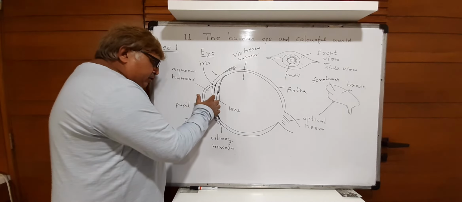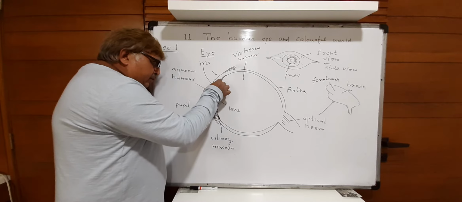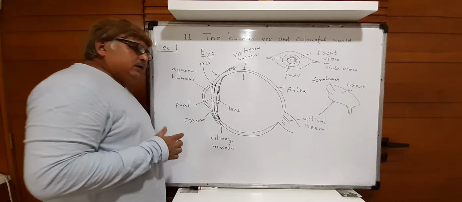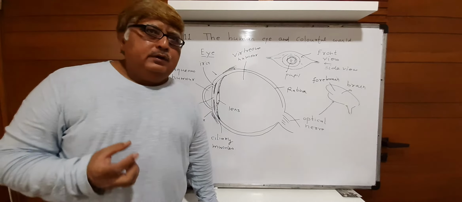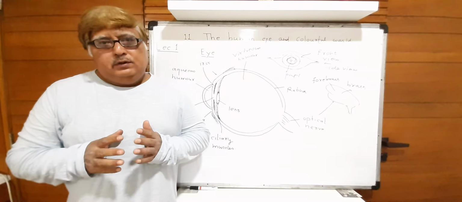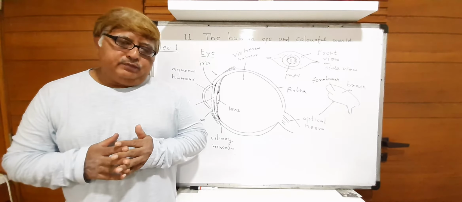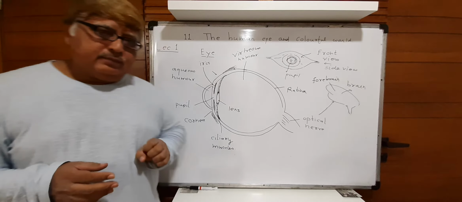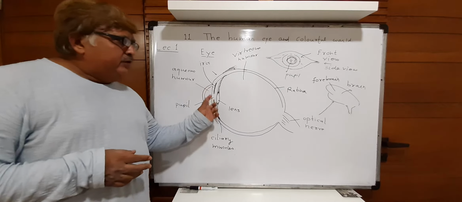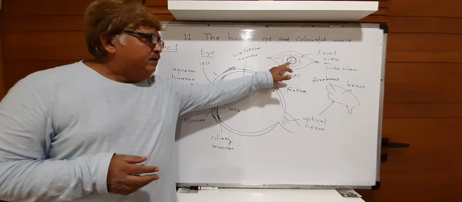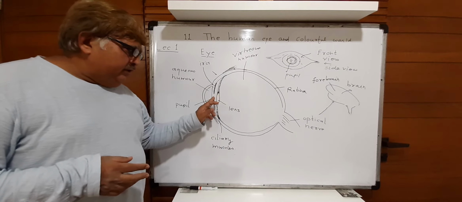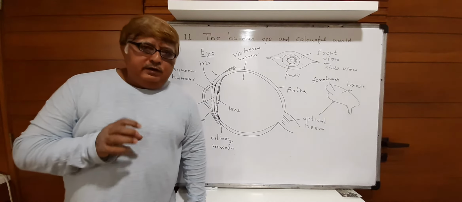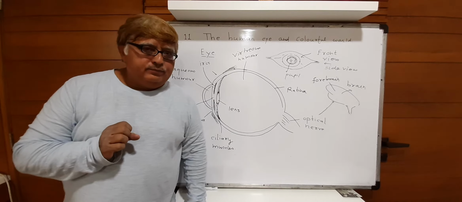Now what is the role of the pupil and what is the role of the iris? What is the importance or significance of the iris? The iris muscle, this diaphragm, actually controls the size of the pupil.